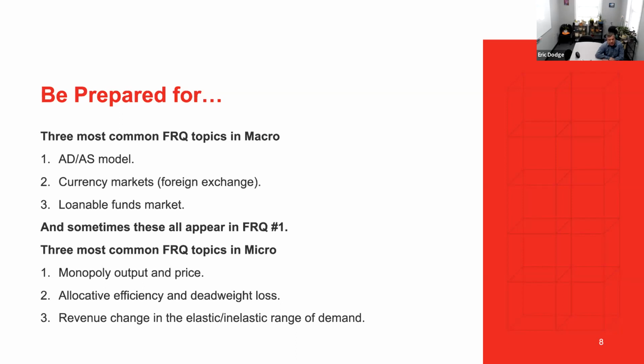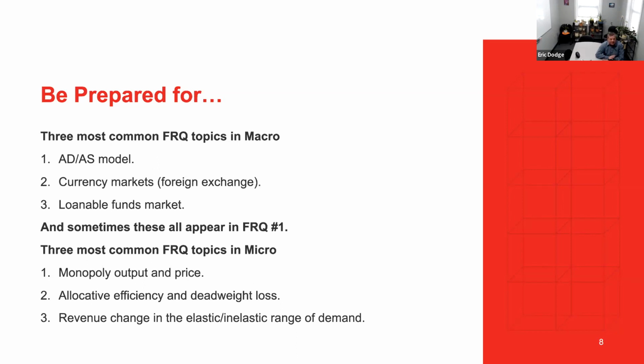So over the years, some people, not me, but I've borrowed from these people, have kept track of certain types of topics that have been most commonly asked on the FRQs. So I did a little digging, found some of these tabulations, and in the macro side of things, the number one topic is using and manipulating the AD-AS model.